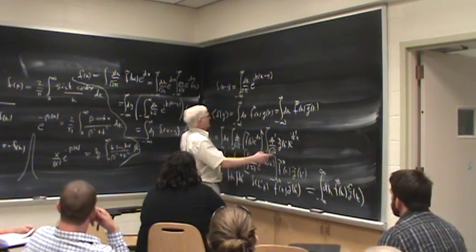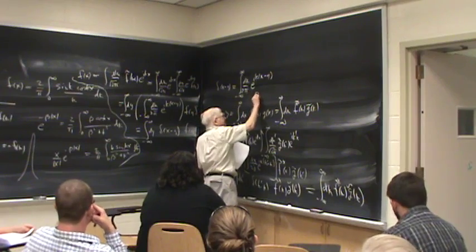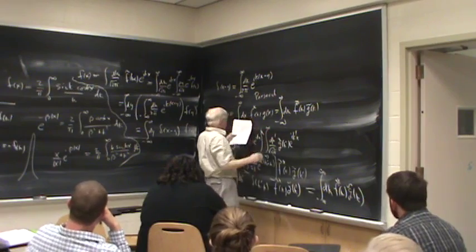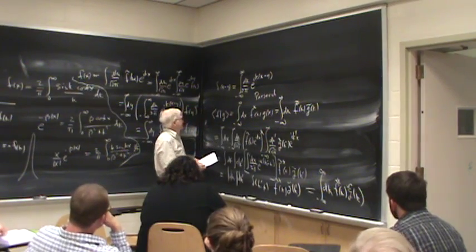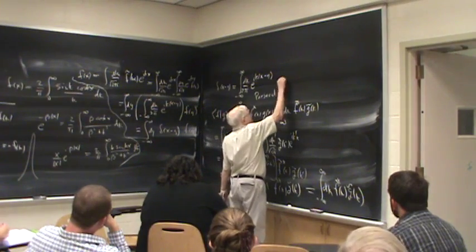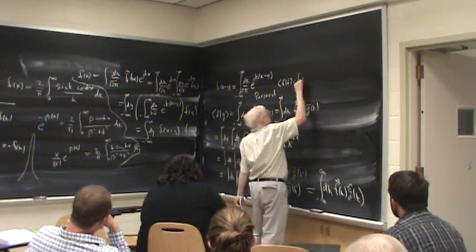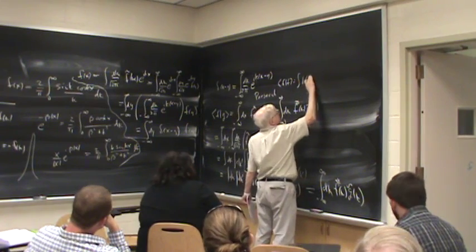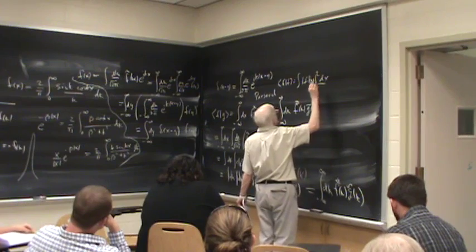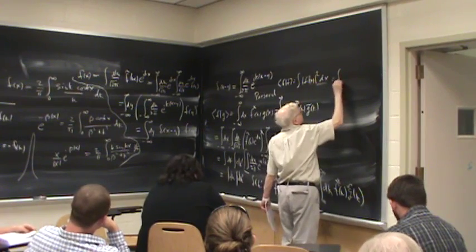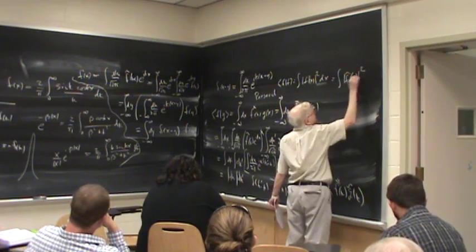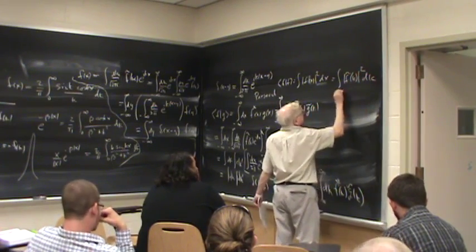In any event, first of all, this is Parseval's relation. So let me just baptize it. Parseval's. And in particular, if we set f equal to g, then we get that the integral of the absolute value of f of x squared dx is equal to the integral of the absolute value squared of f tilde of k dk.